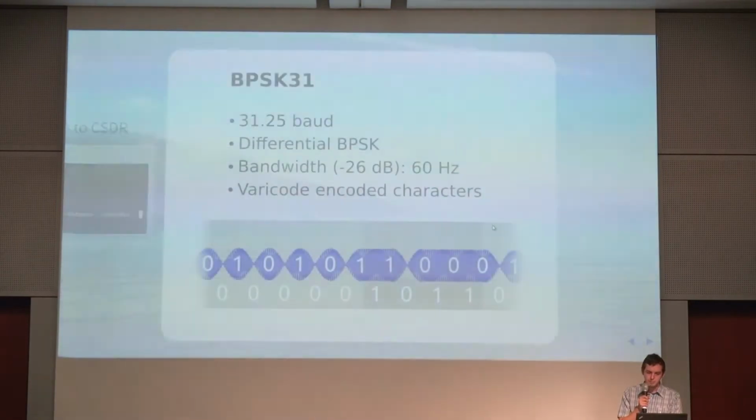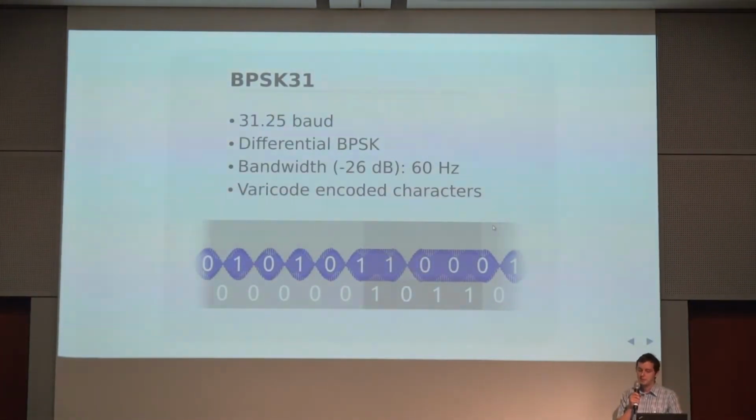And so what about BPSK31? BPSK31 has been invented by Peter Martinez G3PLX. One interesting thing about it is that it uses differential BPSK, which means that it encodes the bits into phase changes instead of the phase state itself.